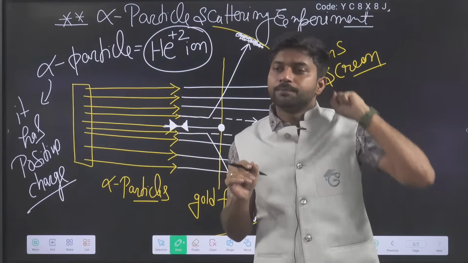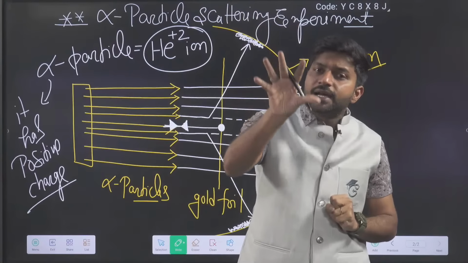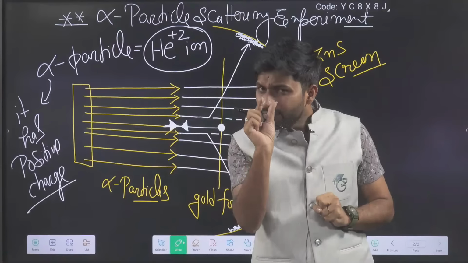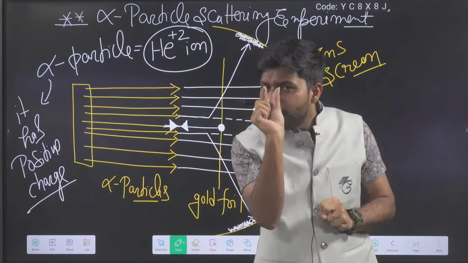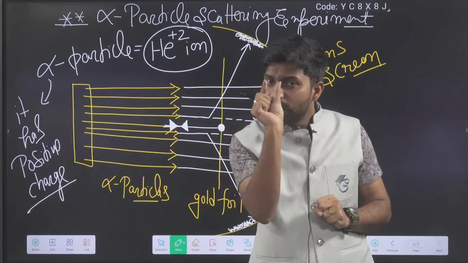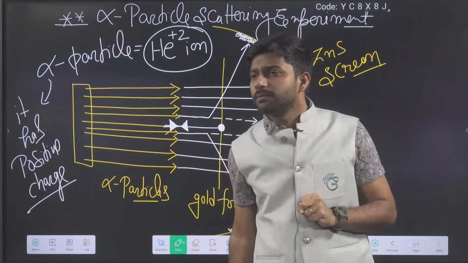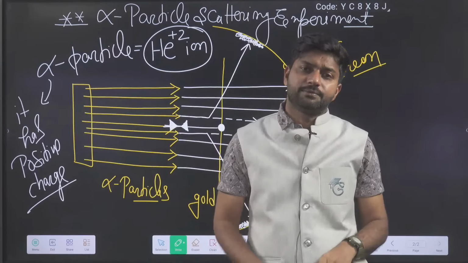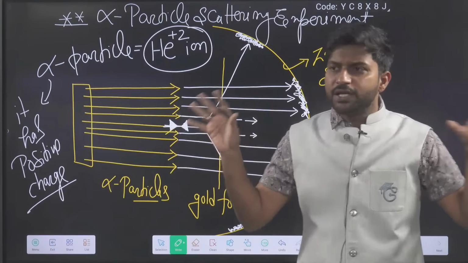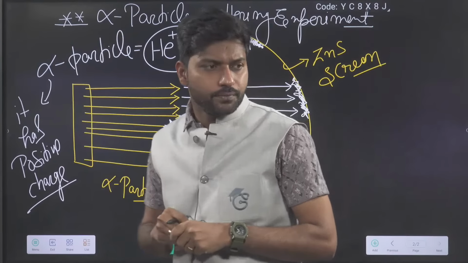Point number two: inside the atom, somewhere in a very small place, in a very small volume, positive charge particles are there. Till here, have we reached it or not? Very good.